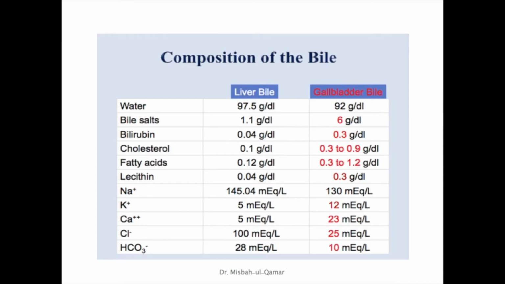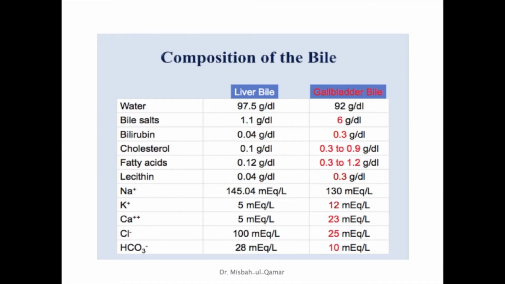But let's see now how the bile is concentrated in gallbladder. You see, water, sodium, chloride, and other electrolytes like bicarbonates are absorbed from gallbladder mucosa.